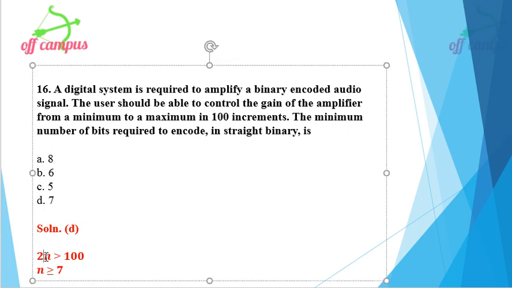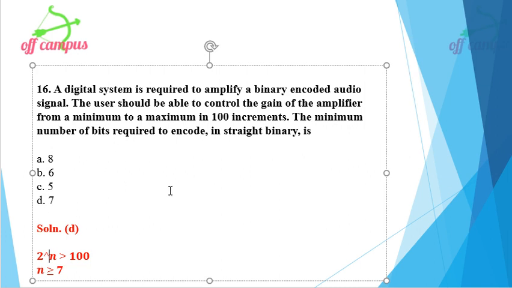We need to find out the straight binary. 2 power n should be greater than 100. So what is n? 2 power 7 is 128, which is greater than 100 increments. So the number of bits required is 7.